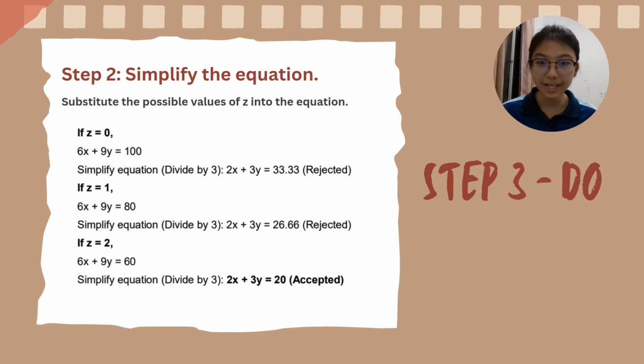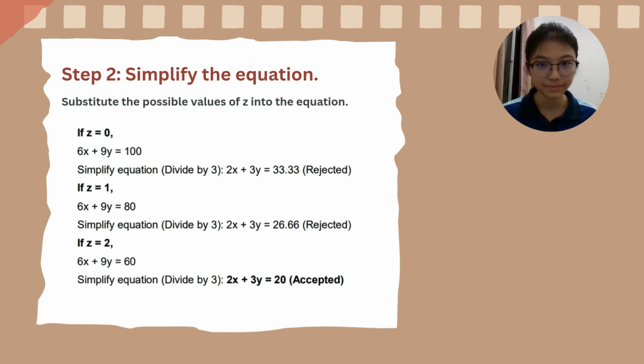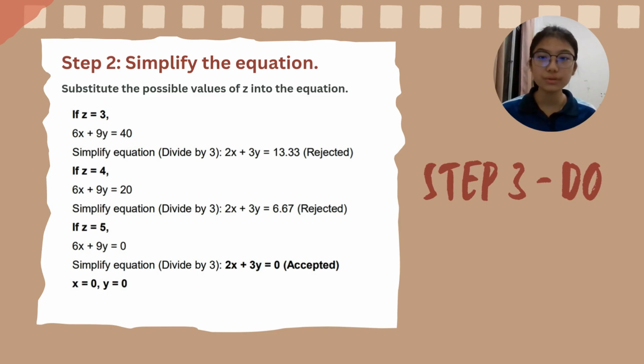But when z equals 2, we get a perfect equation, which is 2x plus 3y equals 20. When z equals 3 or 4, they also cannot be divided by 3 fully. But when z equals 5, the equation becomes 2x plus 3y equals 0.